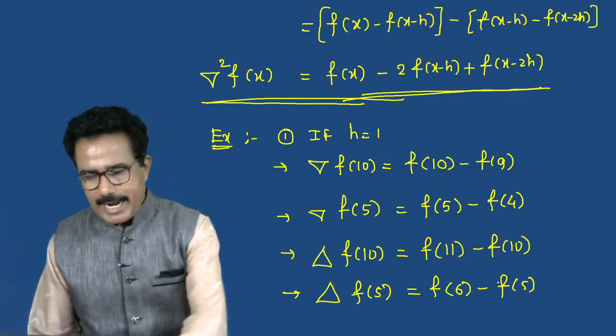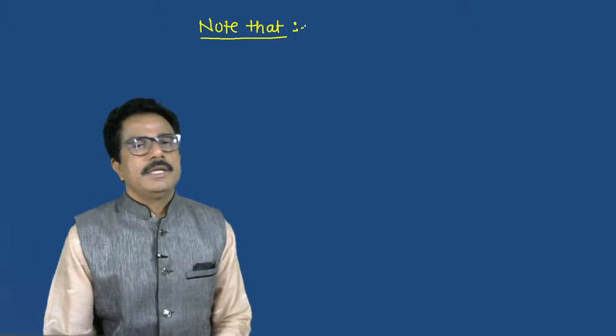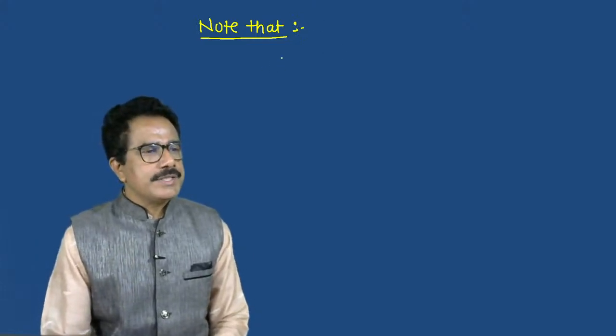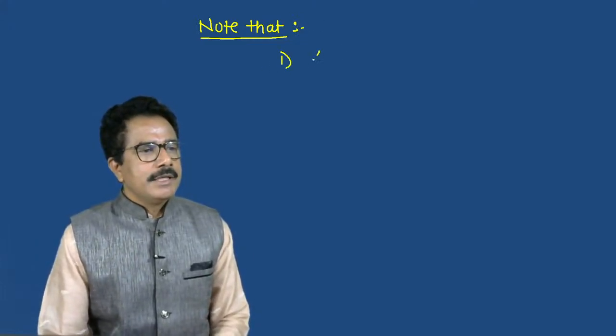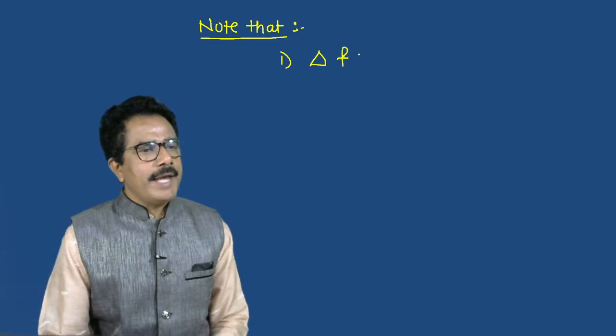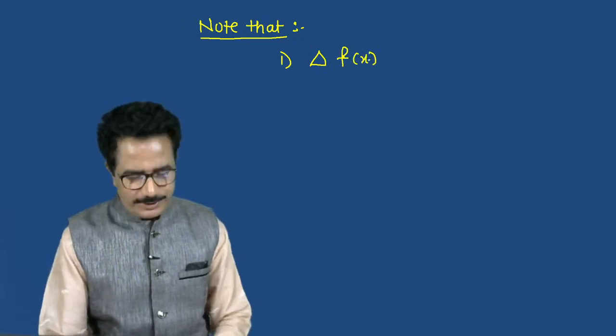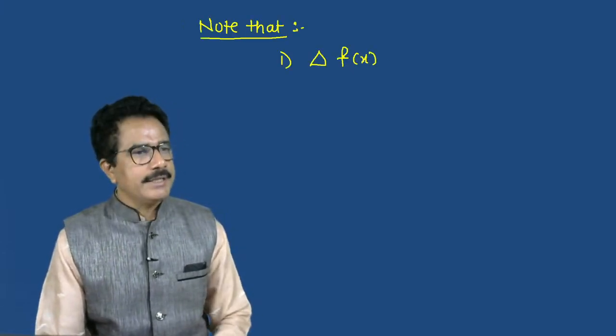So note that, if the interval of differencing is h, delta f of x, the main formula, we can write in the form of a.